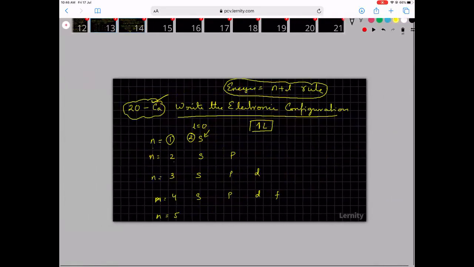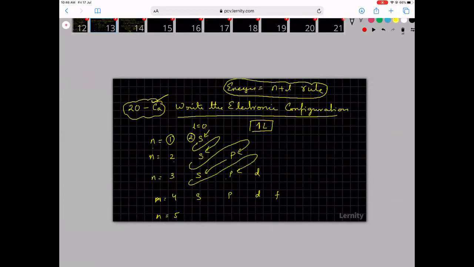Okay, so now we go back to calcium. The first set of electrons will come here. I drew this diagram. Please learn this diagram. This is how the electrons get filled up. So I will have 1s2. 1 indicates principal quantum number, s indicates subshell, and this indicates the number of electrons.